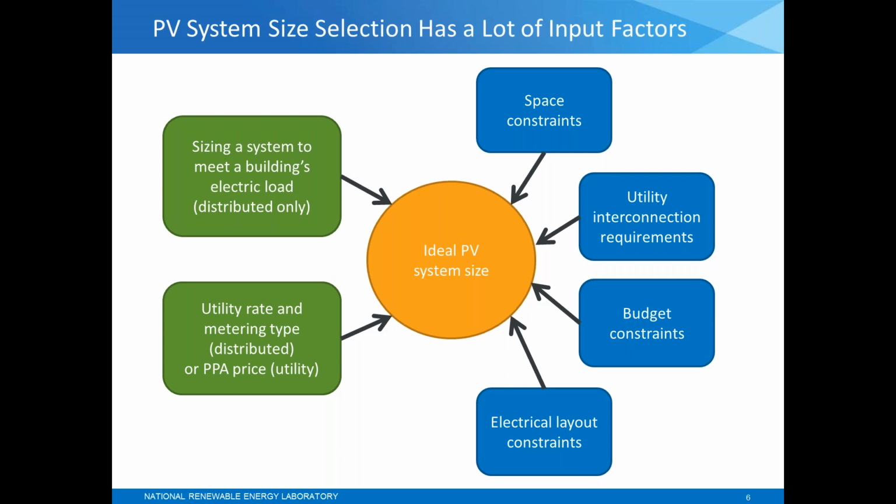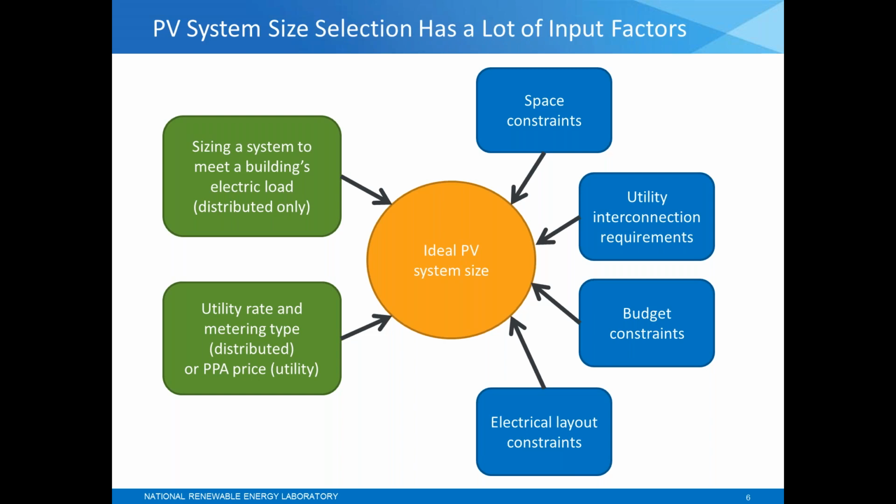For either distributed or utility systems, you're probably basing some of your decisions on the particular utility rate and metering type that your system is eligible for, for distributed systems, or the PPA price and time of delivery factors that you might be receiving if you are a utility scale system.